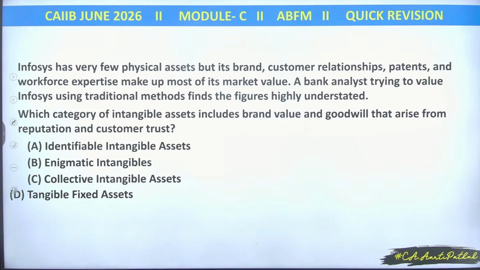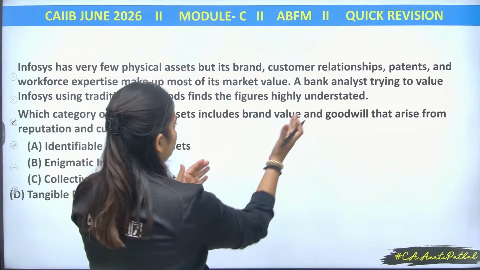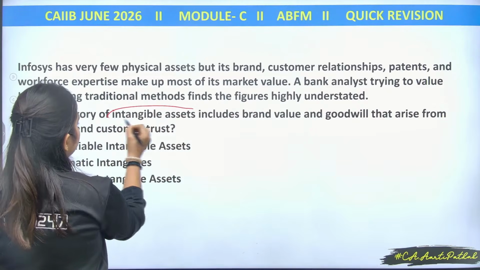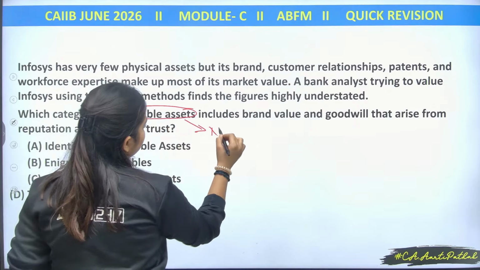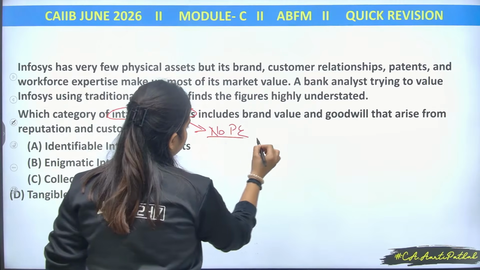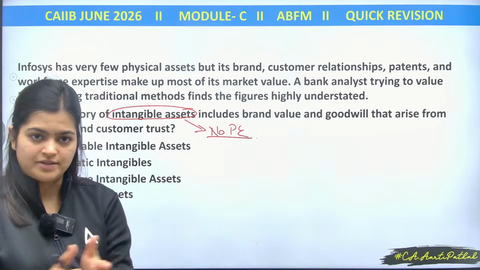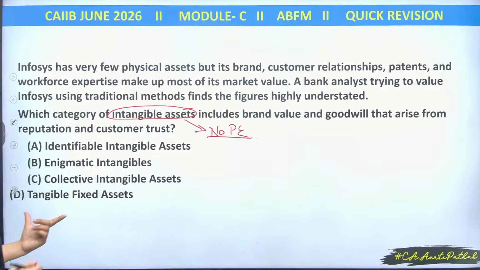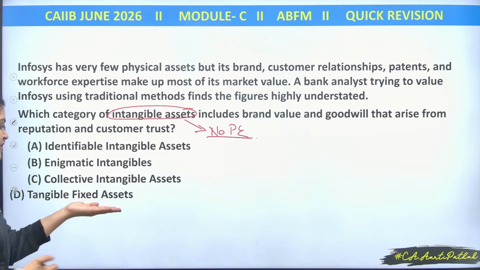See, first of all, when we talk about intangible assets, intangible assets means no physical existence. There is no physical existence. So clearly you can eliminate option D, that is tangible fixed assets.